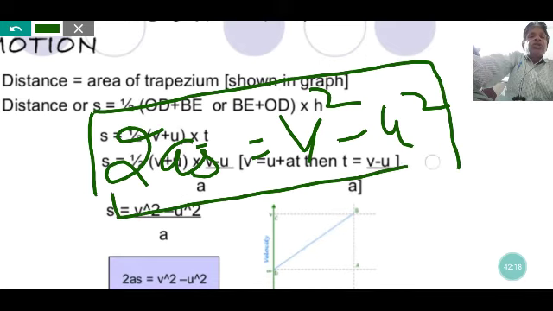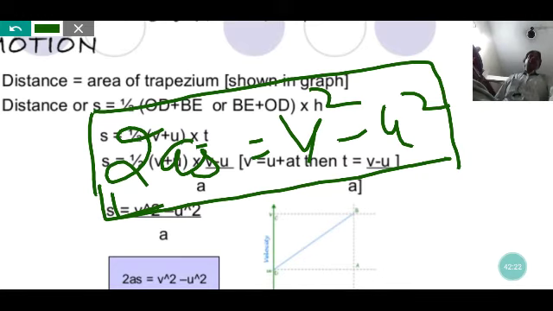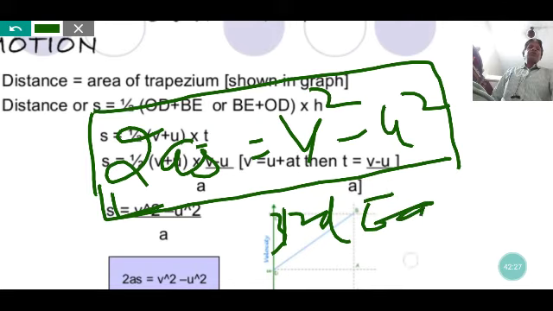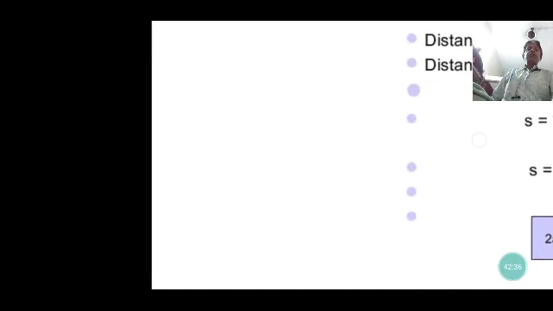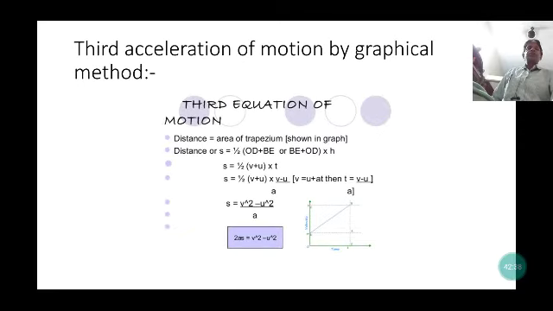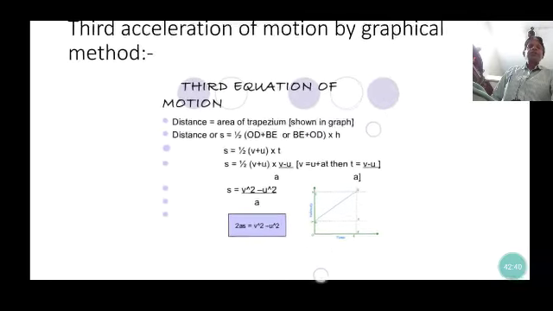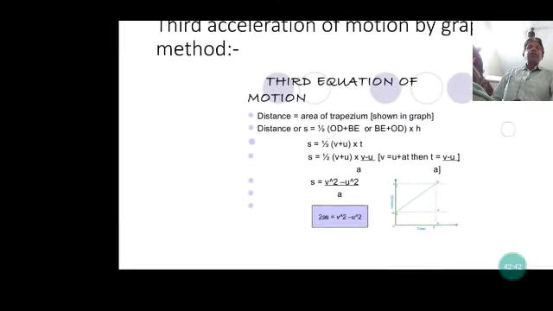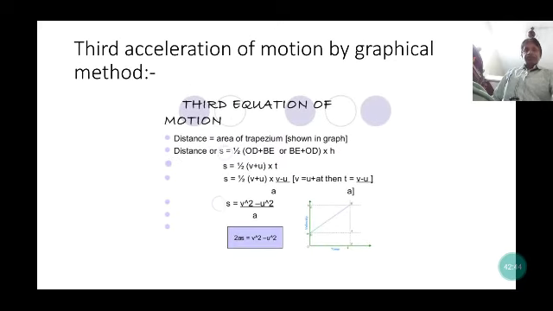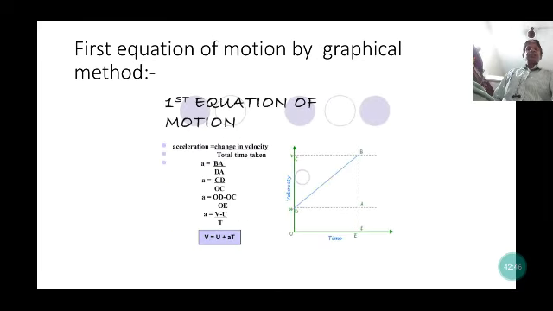Here time is not involved in the equation. This is the third equation of motion, and in the previous slides we have calculated the first and second.